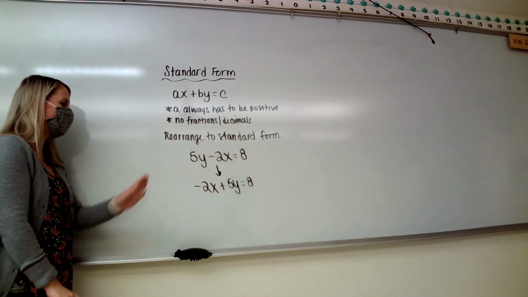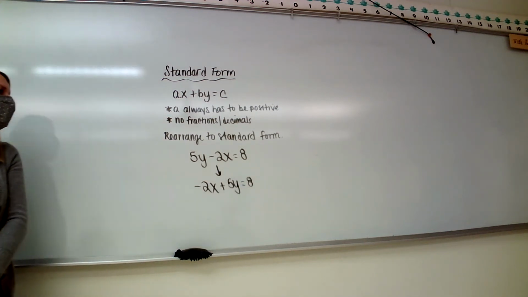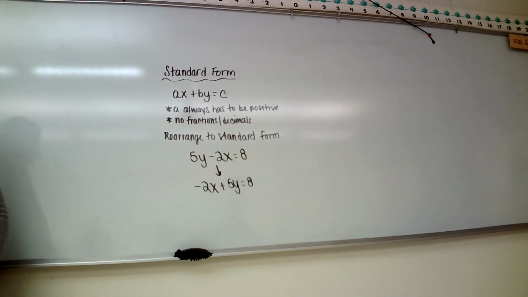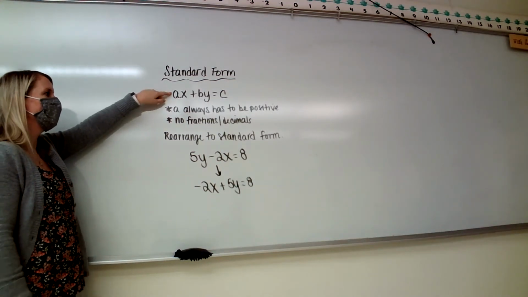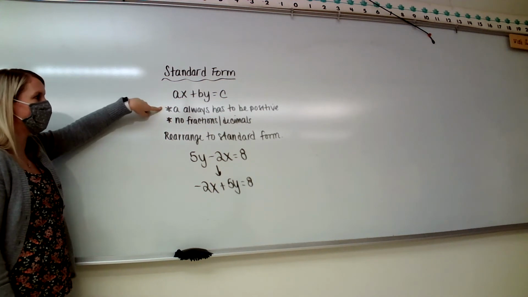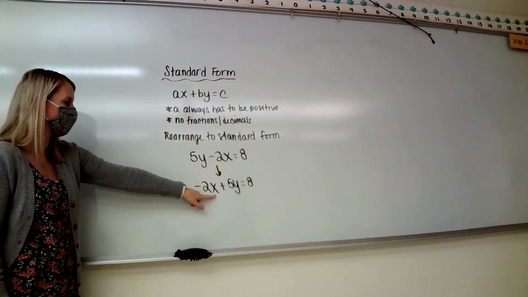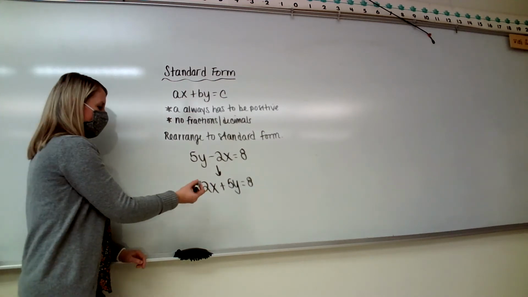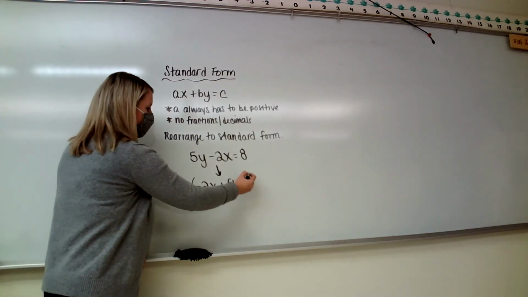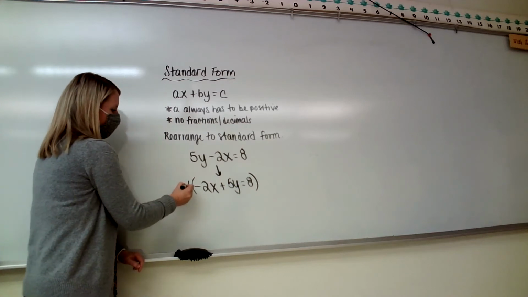So we just want to make sure they are in that order. So sometimes you might have to move stuff around. In this case, it looks like it's in this form, but it's going against the rule that A has to be positive. A is whatever's in front of x. So to change our sign, and we're actually going to change every sign, we're going to multiply everything by -1.